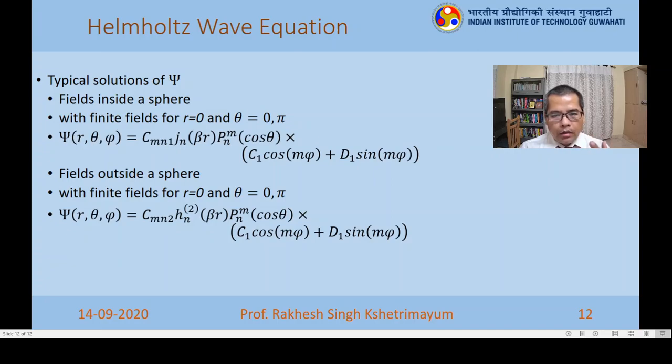Once I have A_r or F_r, I can find the electric field and magnetic field from the relation we have derived in the previous class. So here we have solved the spherical wave equation, and we are getting the equation for the spherical waves. And we have observed that the signature of spherical waves, the variation of electric field or magnetic field with respect to r as 1 by r, is satisfied for the solution we have considered.